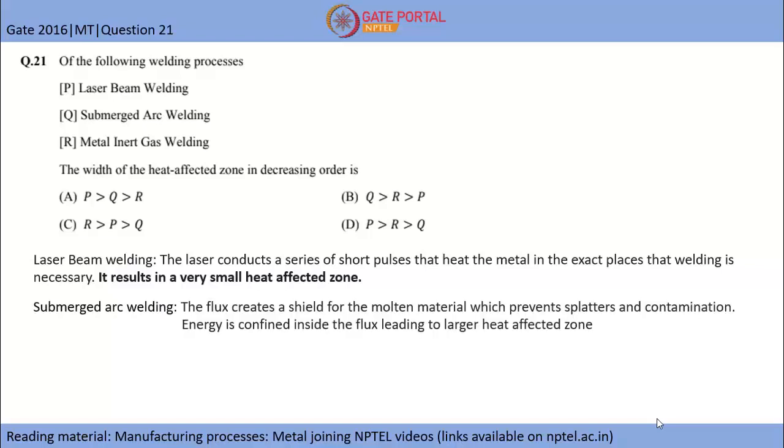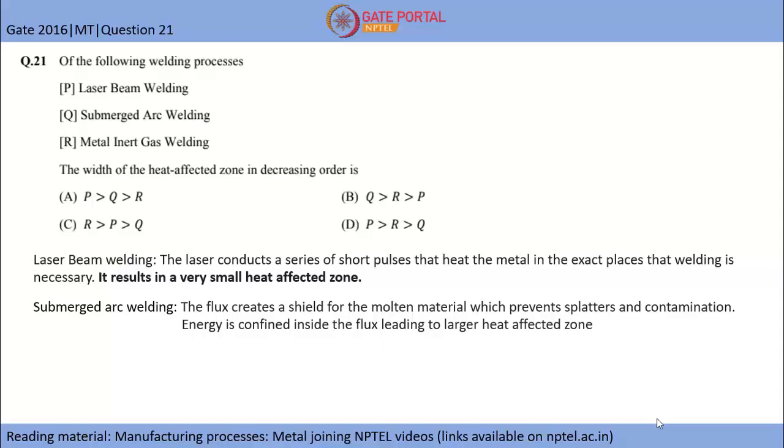Here in submerged arc welding we use flux to isolate the molten material, which prevents splatter and contamination of the joint. Here the energy is confined inside the flux, leading to a large heat affected zone, and this flux is basically of oxides, chlorides and everything, which are basically refractory material.